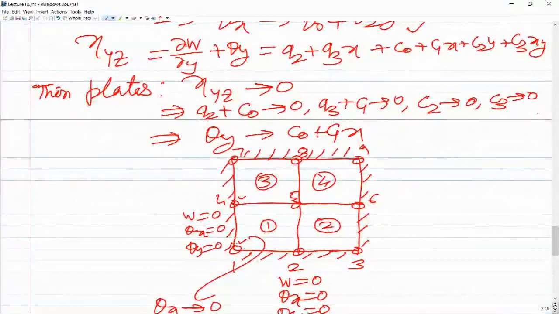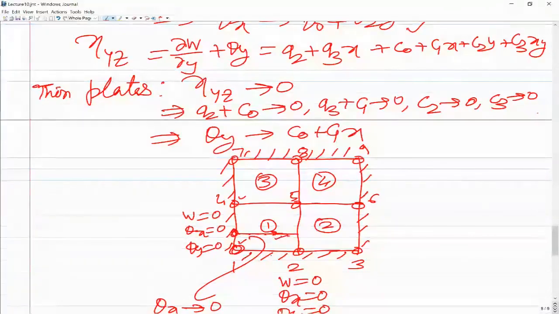Theta x is linear in y and constant along x. So if it is constant along x, it is 0 here, and that constant would be nothing but 0, because it is 0 here and it will remain 0 throughout along the x direction. Similarly, when you look at theta y, it is linear in x.